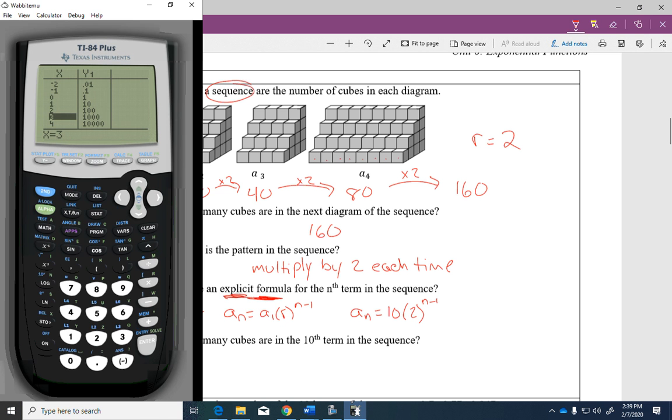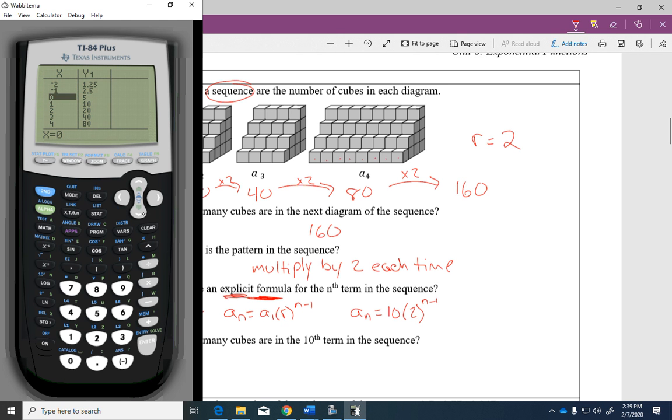Let's be certain that it fits the sequence that I wrote. So is 10 times 2 to the n minus 1 really equal to those number of blocks? Take a look at your table.